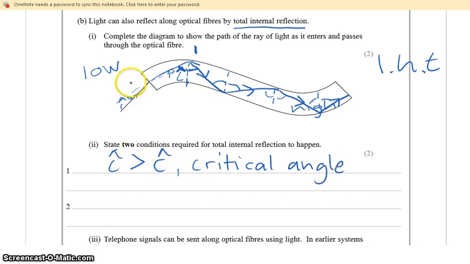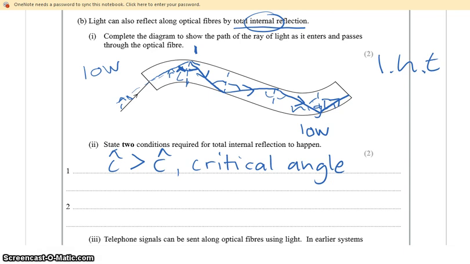The second one takes a little bit more thinking about, because it's total internal reflection. Total internal reflection only works where you've got a boundary, for example here, going from high optical density to low optical density. It's bouncing off the inside surface there.